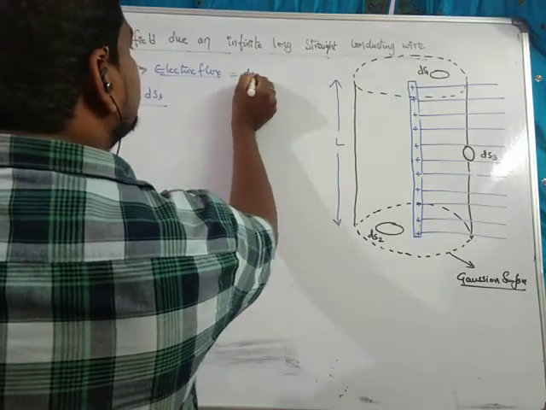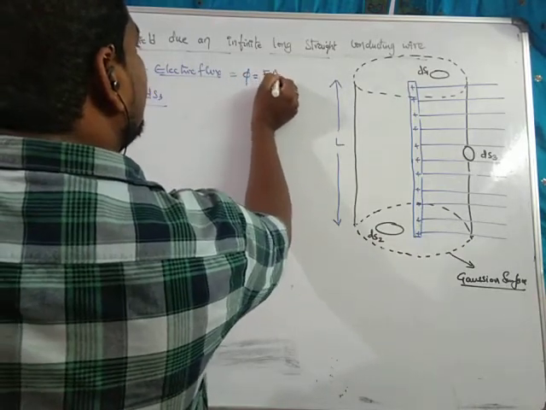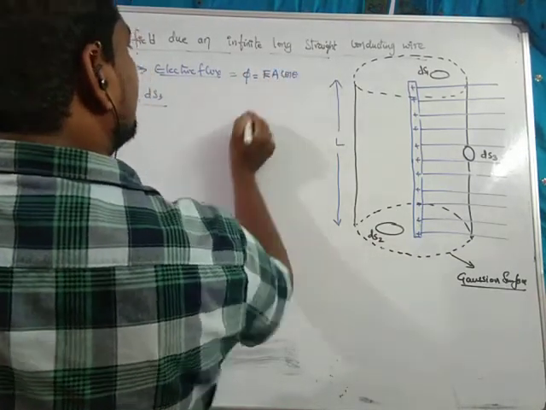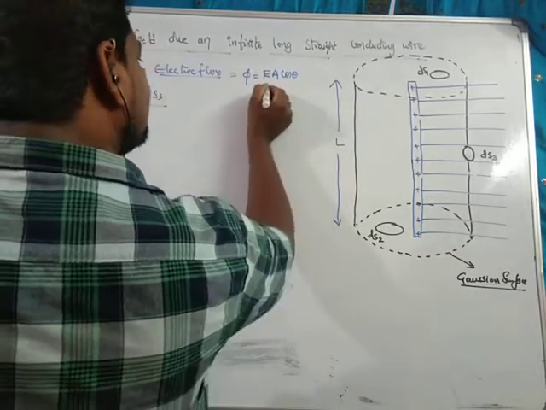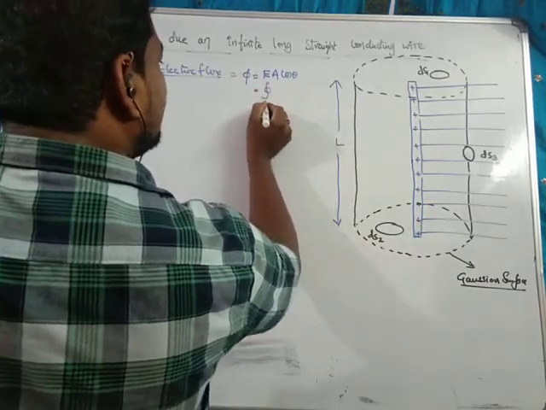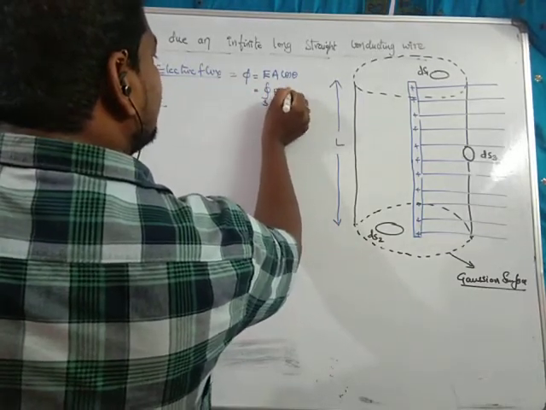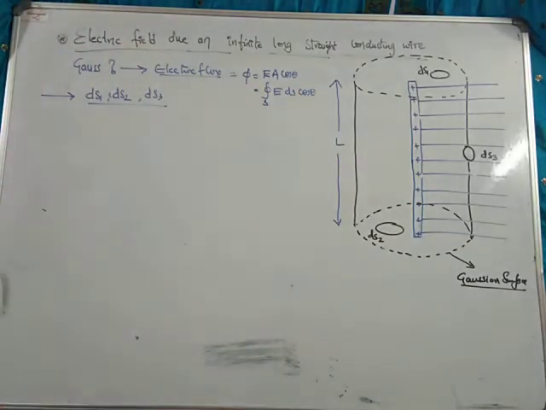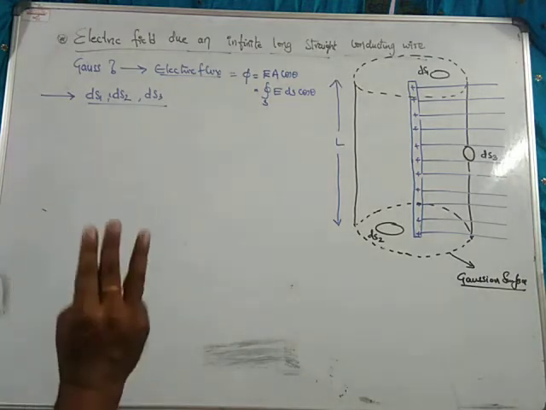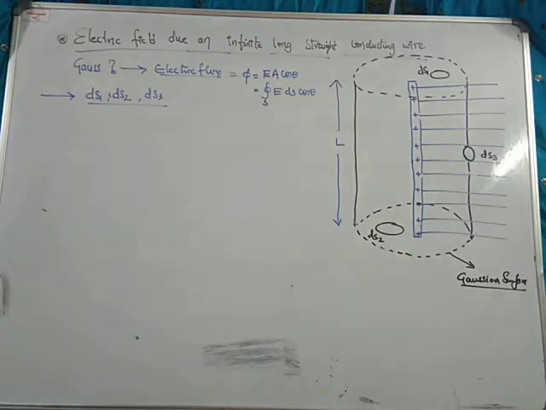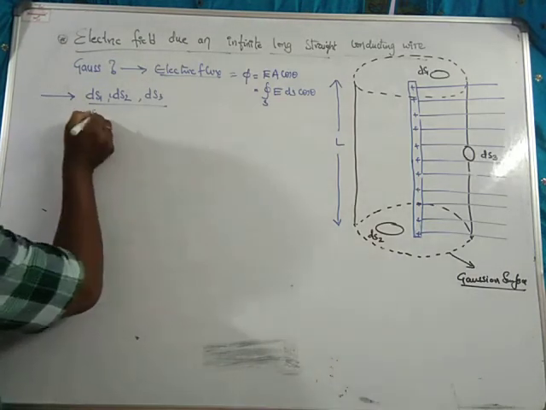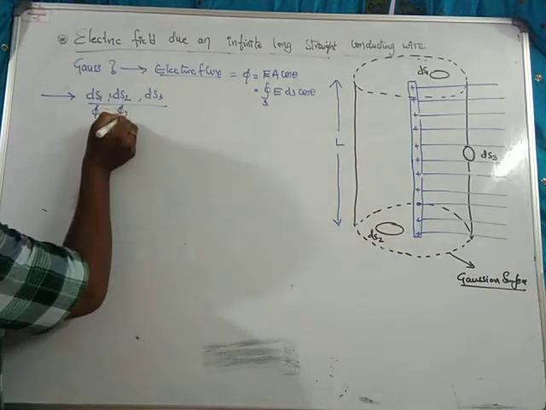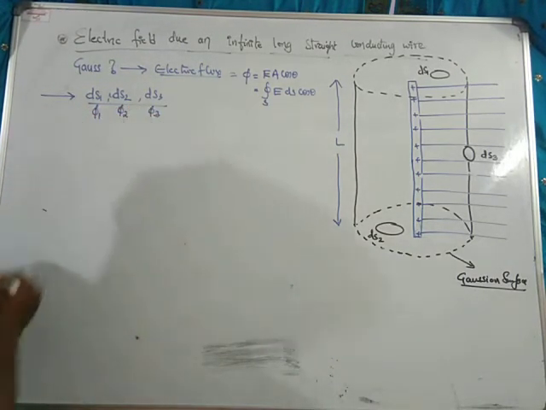Flux is equal to E A cos theta, or flux is equal to the surface integral of E ds cos theta. So we have to calculate three fluxes: flux 1, flux 2 and flux 3.